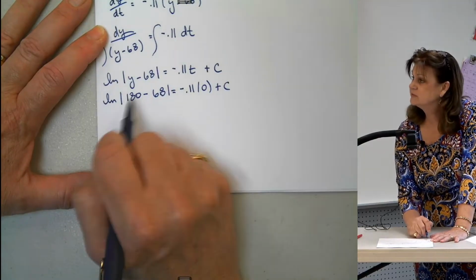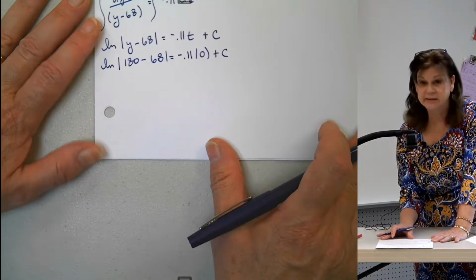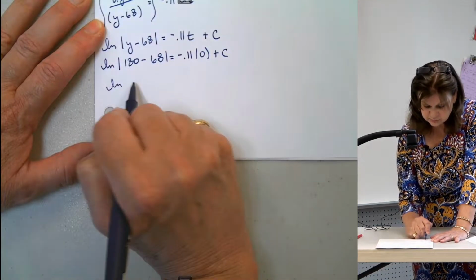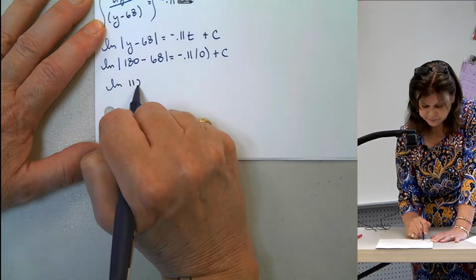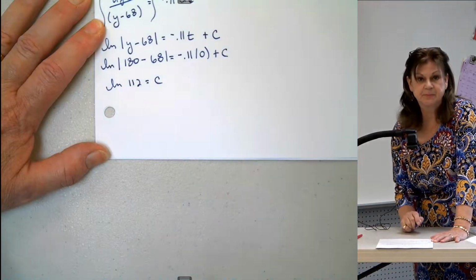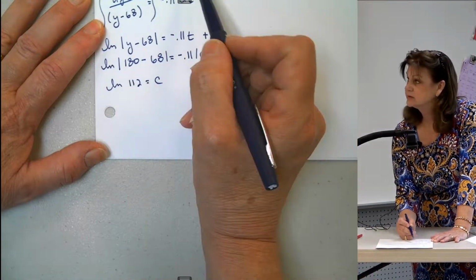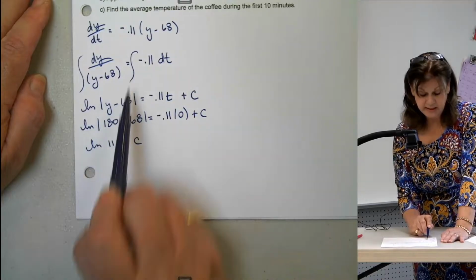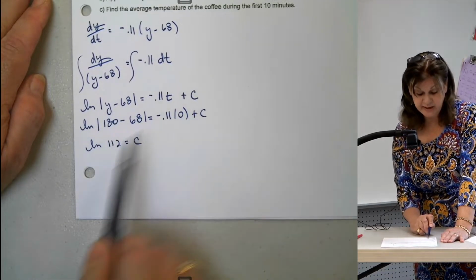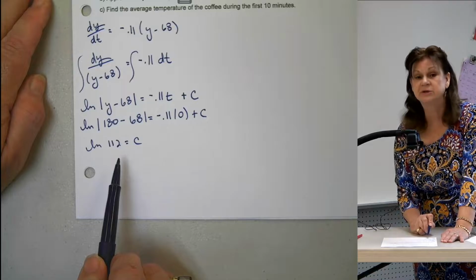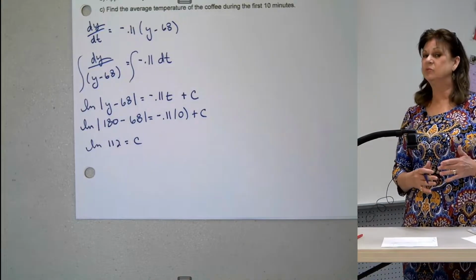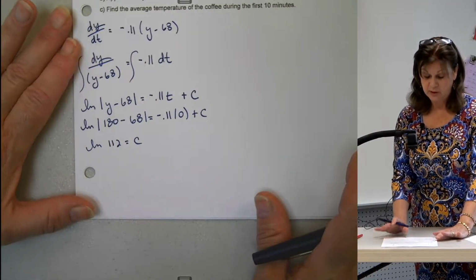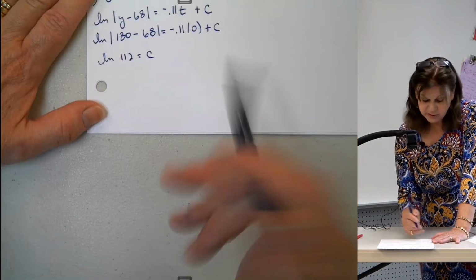You can drop the absolute value bars because 180 minus 68 is going to be positive. So you have ln 112 is c. Separate, integrate, constant of integration, and now we've evaluated that constant of integration using the initial condition. So on a 9-point question, you are already 4 points into this, and it's really not that difficult. Let's go find the harder points together.